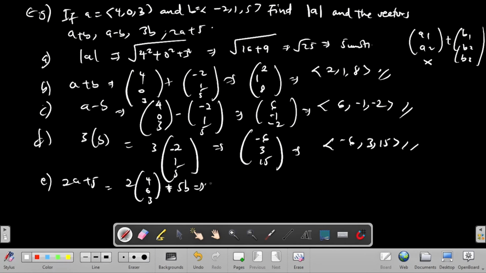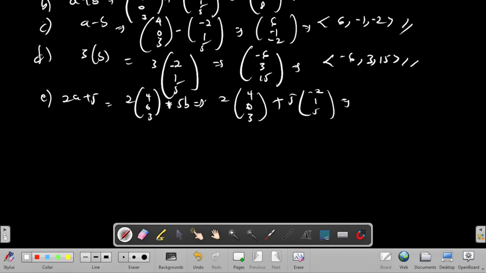So I'll have 2 multiplying (4, 0, 3), plus 5 multiplying b, and the b is (-2, 1, 5). You first multiply your scalar before you add, okay, all the time.